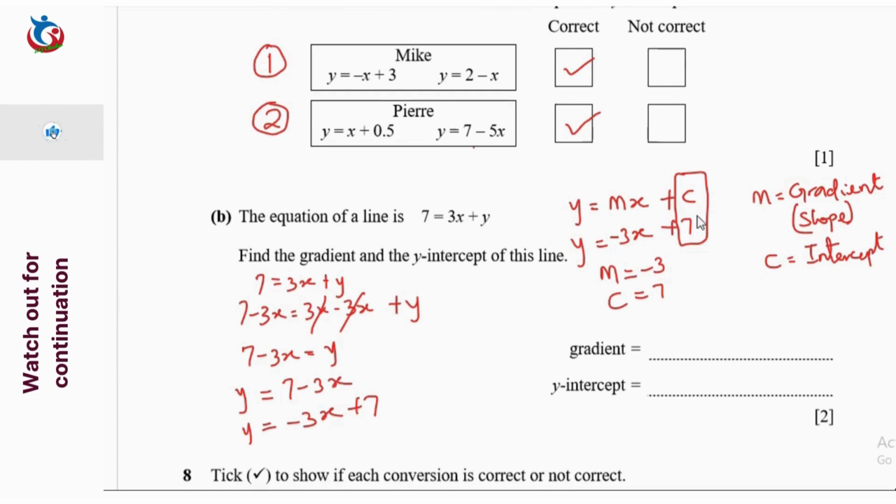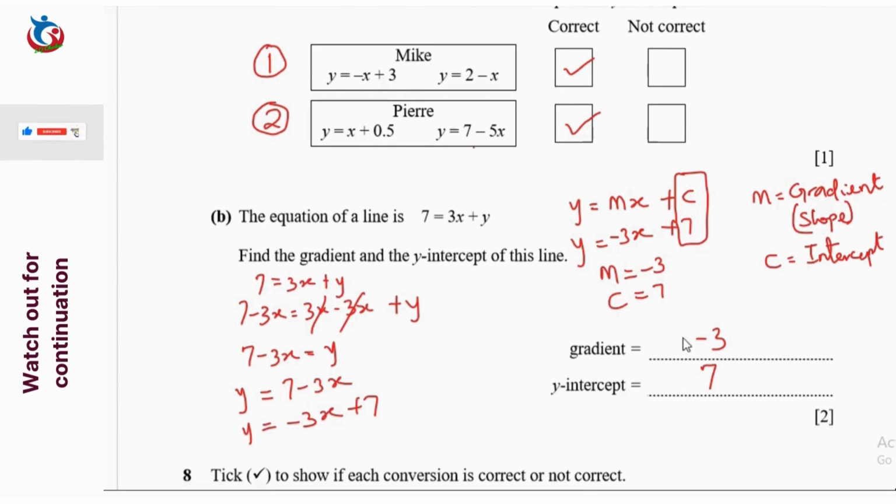So with this, we can come to our blank spaces and put the gradient as minus 3, and our y-intercept as 7. Simple as that.